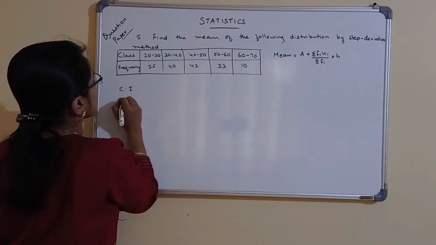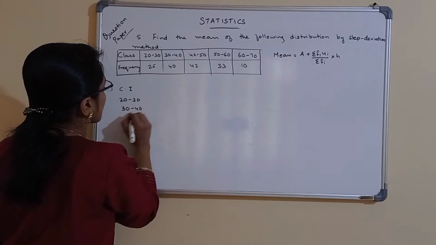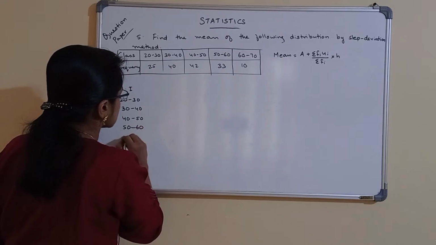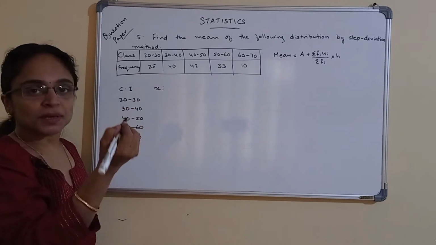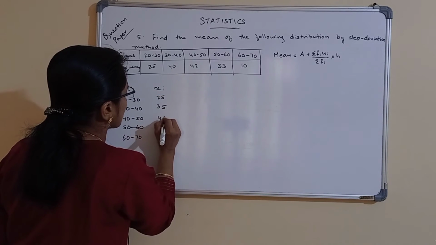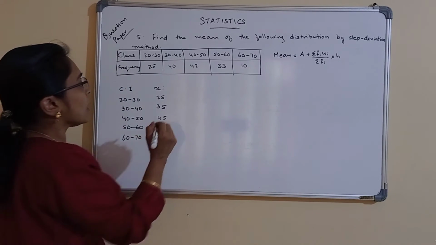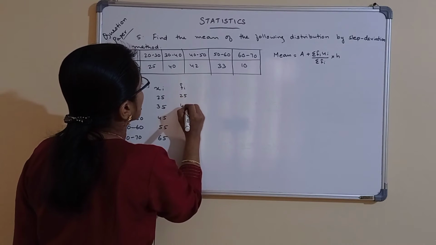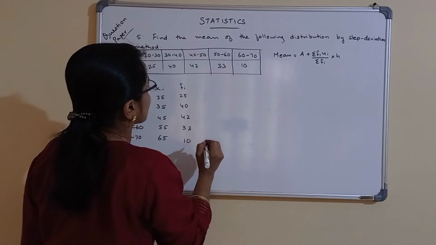Class interval is 20 to 30, 30 to 40, 40 to 50, 50 to 60 and 60 to 70. So the class mark xi is 20 plus 30 by 2, which is 25. Then this is 35, 45, 55 and 65. Now fi is given here: 25, 40, 42, 33 and 10.